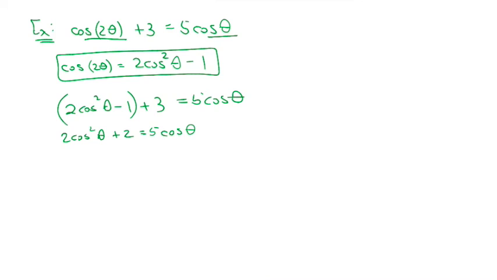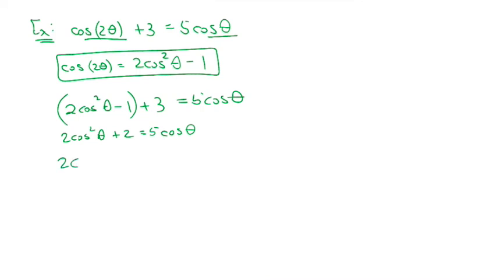Now what? Make it look like a quadratic. And when you're solving a quadratic equation, you always get it equal to 0. So I need to move the 5 cosine theta.